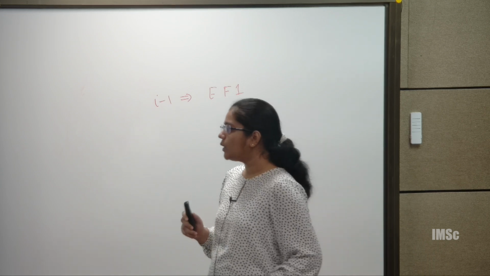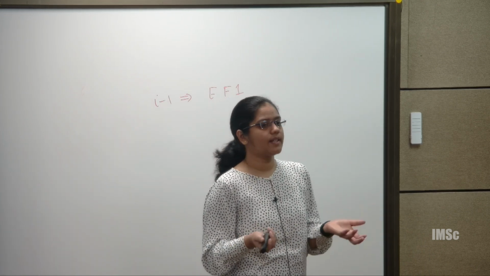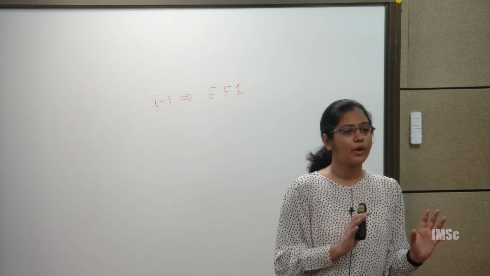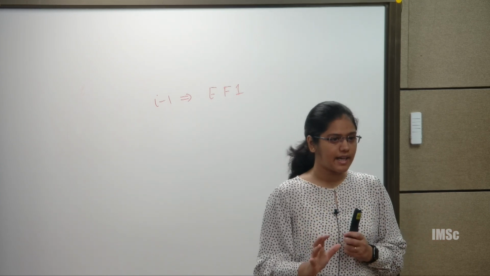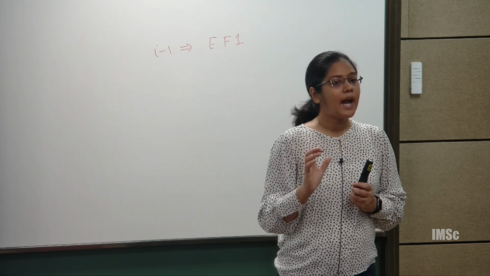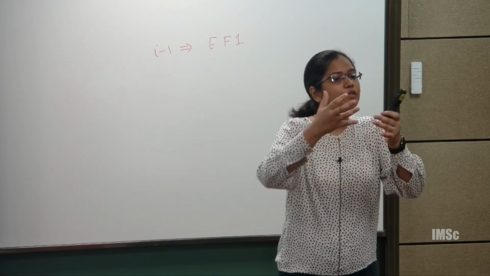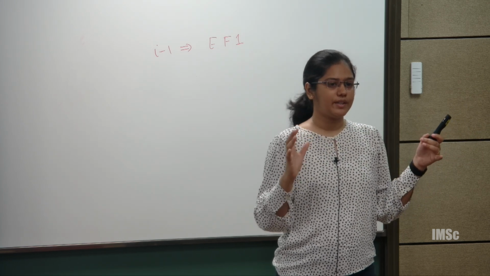Now you are getting that bundle, so of course your utility is increasing. But that's not the point here. The point is that after eliminating the envy cycle, do I have a source vertex? And what happens with respect to the envy of other people? That is the point here.